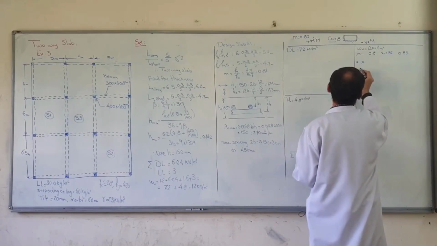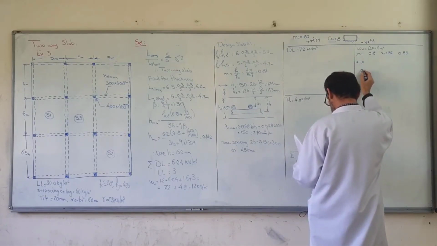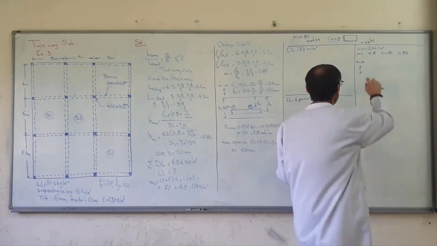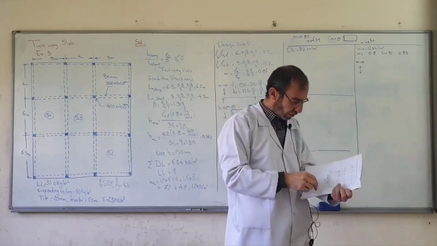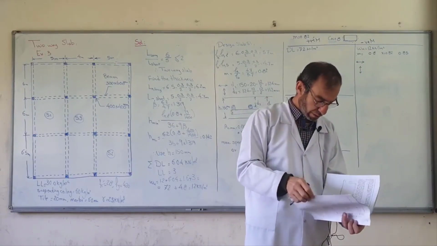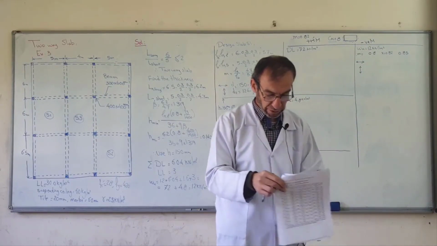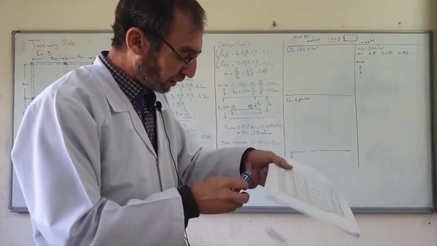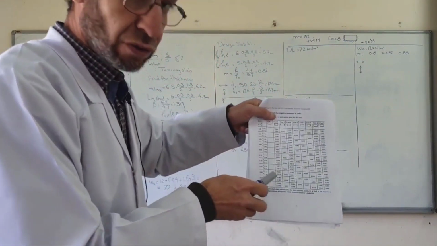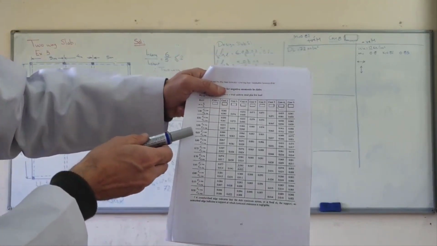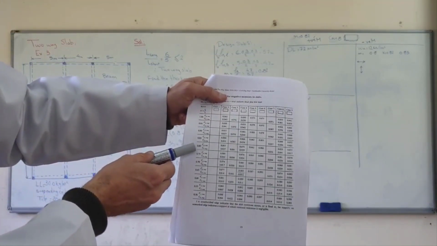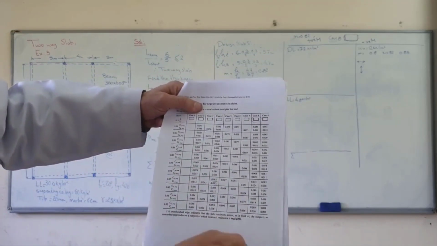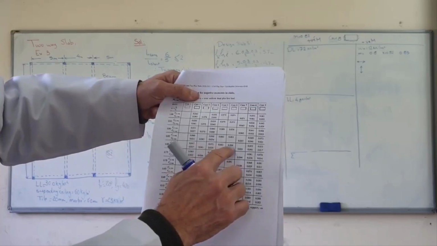I have short direction or long direction coefficient. Short direction, long direction. This is for negative moment. Here for 0.8, I go to 0.8. Our case in the example, 0.8.